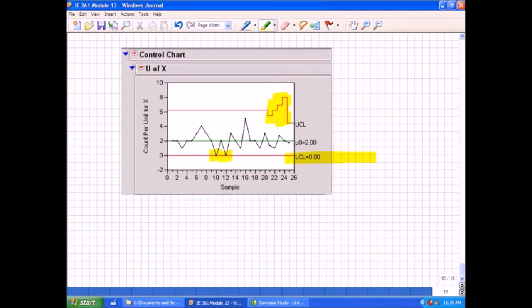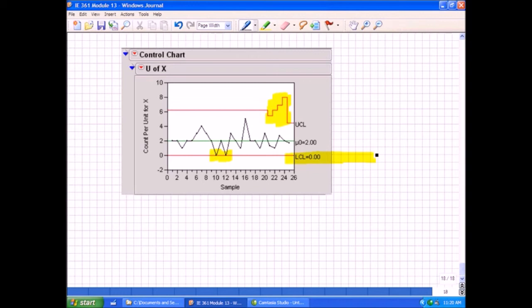It's not exactly clear the way they've written it how to interpret those two, but that's a fairly minor point. It is, however, how JMP does its U-charting. So be aware that that's the convention that they use.